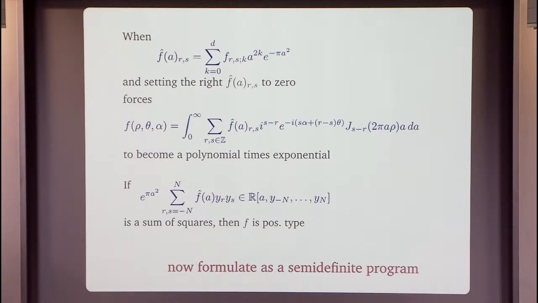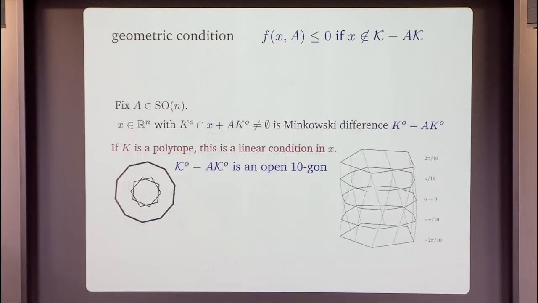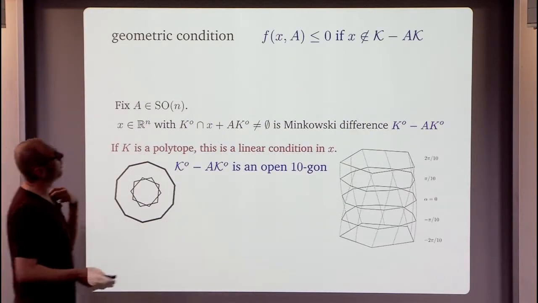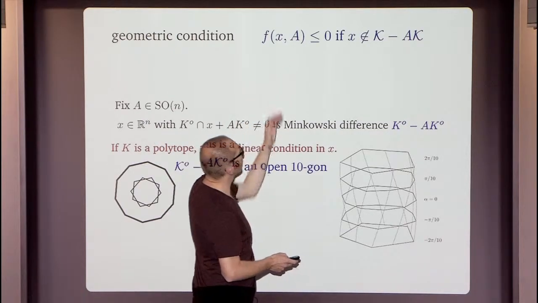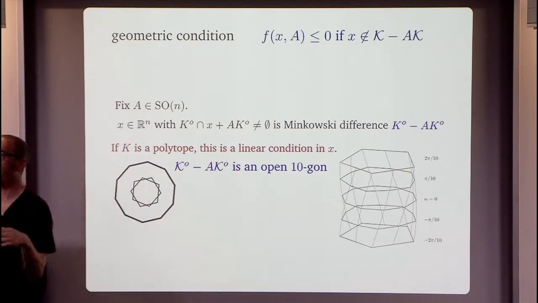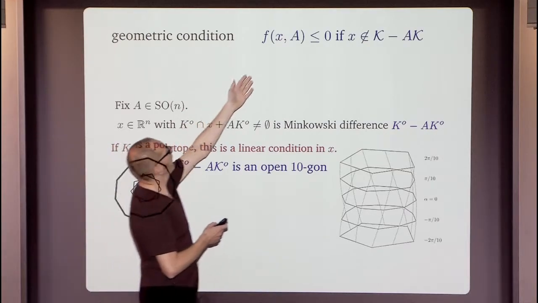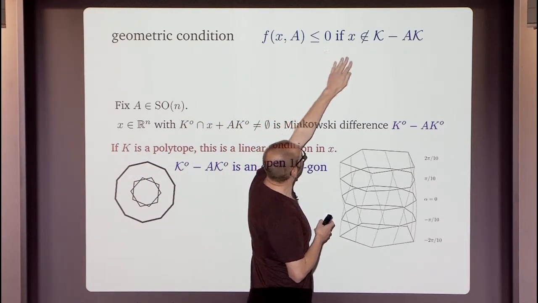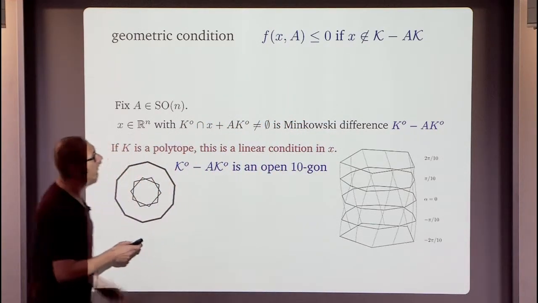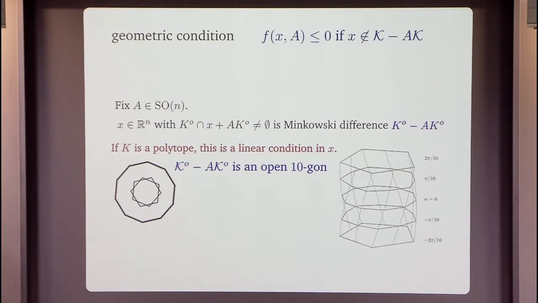Okay, so we can formulate now positive type, but we also have to look at the geometric condition. We have to see that these functions are non-positive whenever you have x not lying in sigma. And if you translate this back now to our geometric framework, then what do you have to do? You want to have that f(x, A) is non-positive if x does not lie in K minus AK, the Minkowski difference between K and AK.